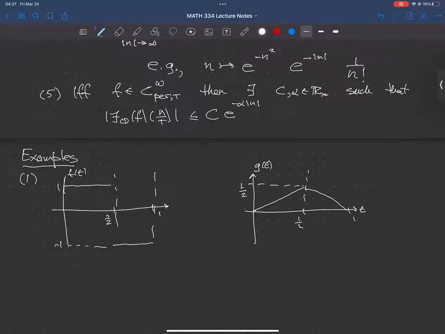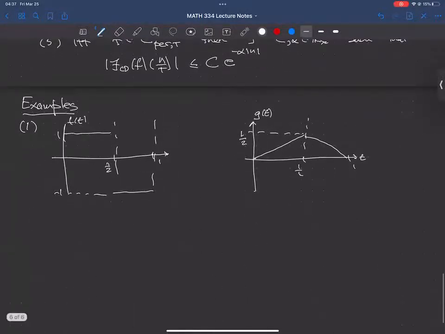The reason I use these is that there's a formula that relates them, and of course the formula is that g of t is the integral of f. If you just integrate f, you get g.